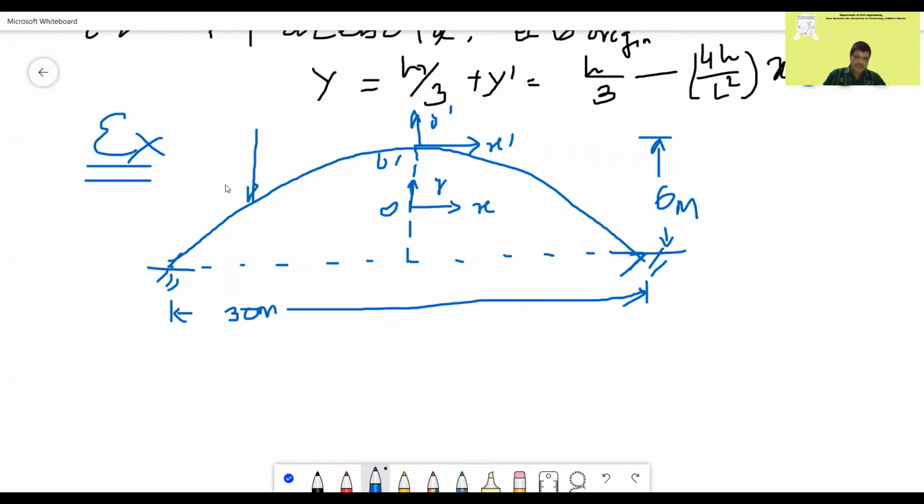This load is at a distance of 6 meter from this end and 9 meter from the crown, because this is 15 meter at the center, and this load is 240 kilonewton. Let this end be A, this is B, the crown is C, and the load point is D on this diagram.